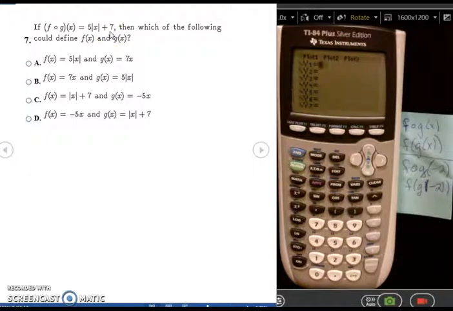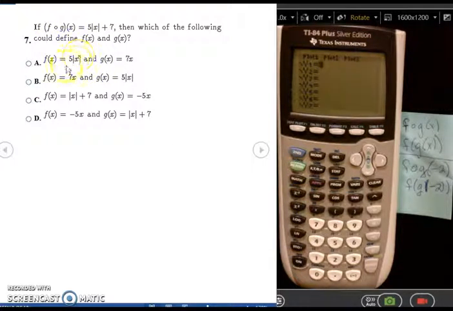So I'm going to keep that same pattern of putting f of x for y1, g of x for y2, their composition for y3, and the answer for y4, just to keep everything straight and consistent with what I had been doing so that I make fewer mistakes.